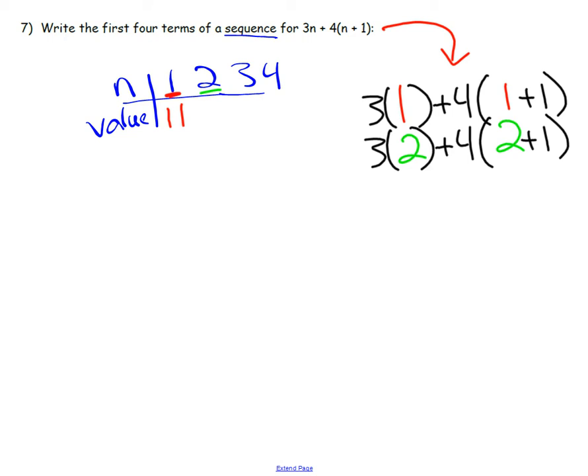Because when a number's next to parentheses, it's multiplication. Where did you get 7 from? It's not 7. It's 3 times 4.